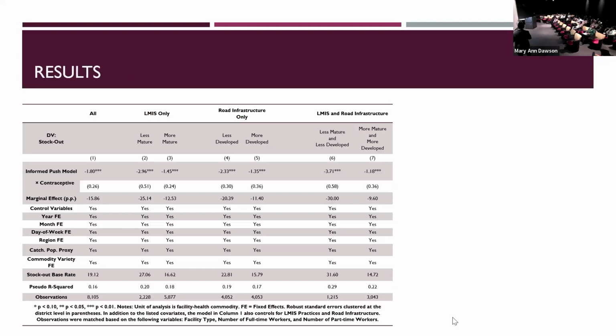Okay, so these are our results. I'll walk you through and explain what we found based on the analysis. First, I'm going to start with all facilities included. I'm not differentiating between different types of facilities. I just want to see whether this actually even worked, before we look at different types of facilities.